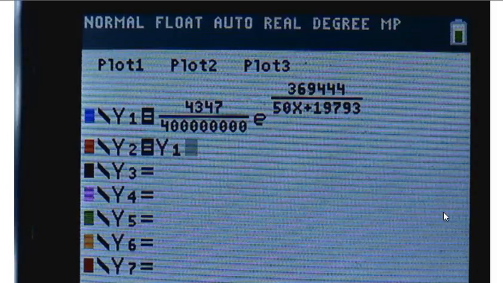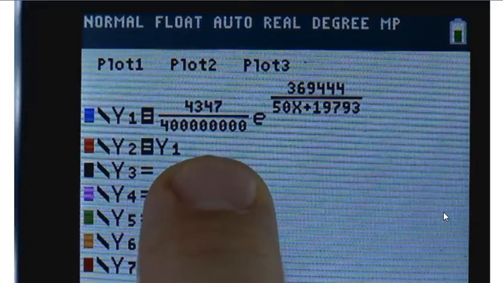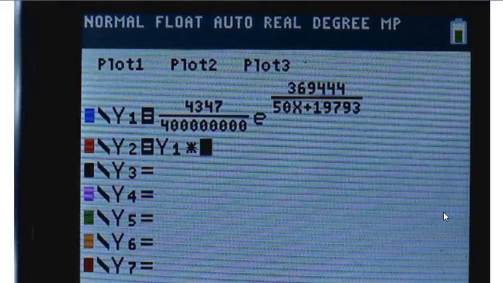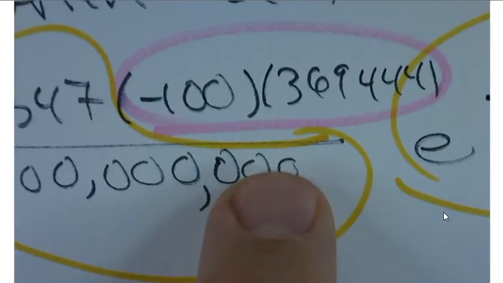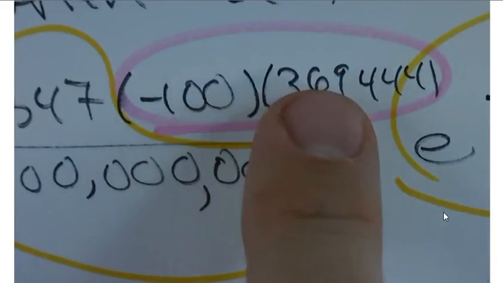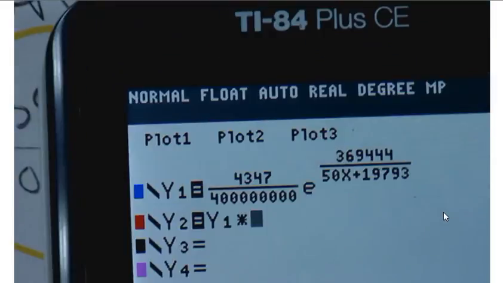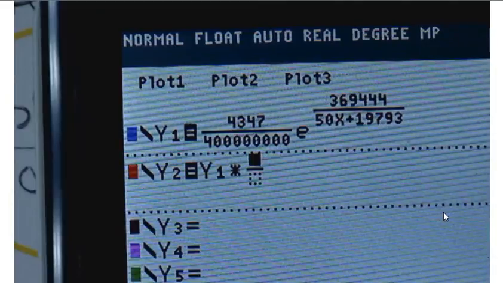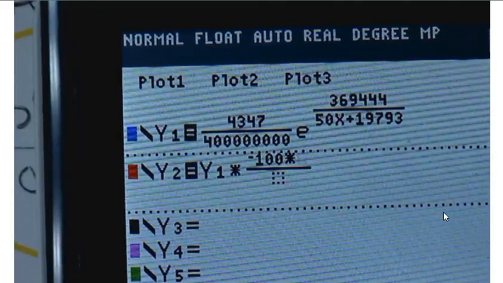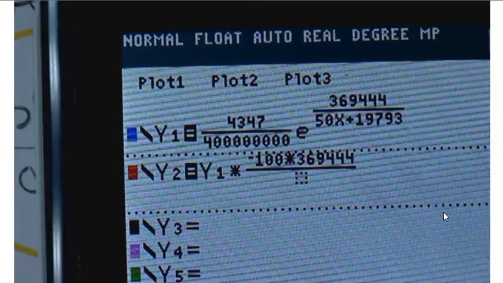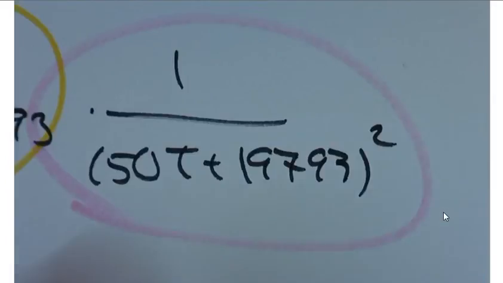And we can continue to edit with this. So that's this whole expression. Hit the times key, and let's put in the last things that we need. So times, and you can do that any way you want. You can just multiply that out. I'll do it as a fraction. Negative 100 times 369,444 divided by this term squared.